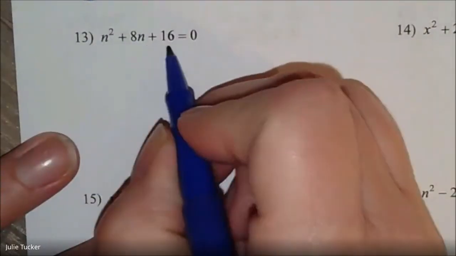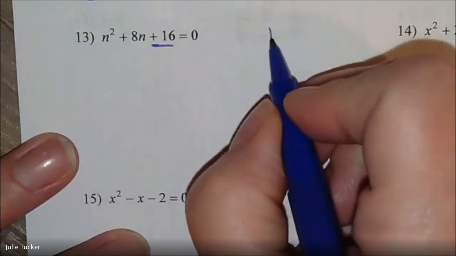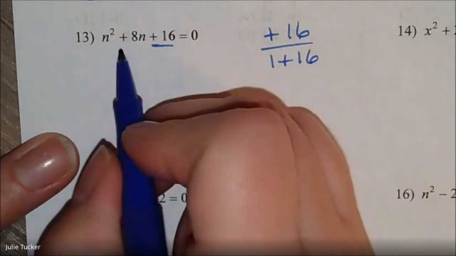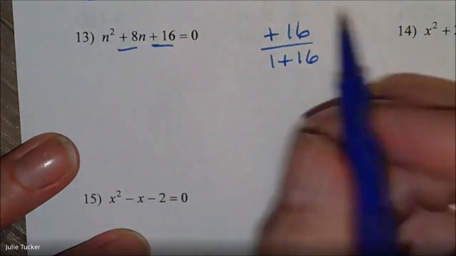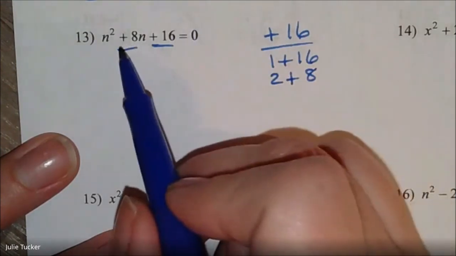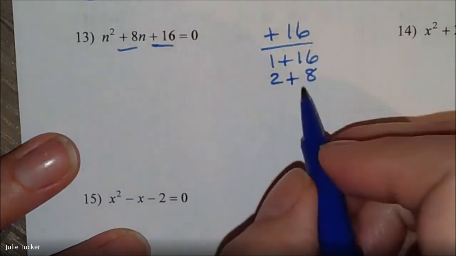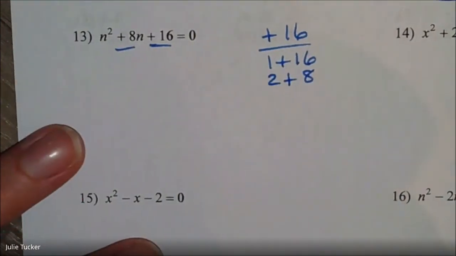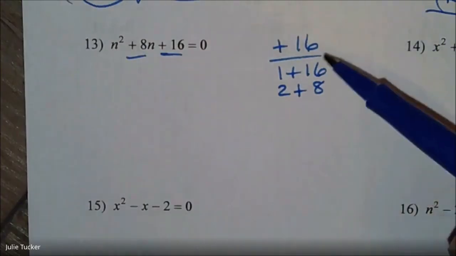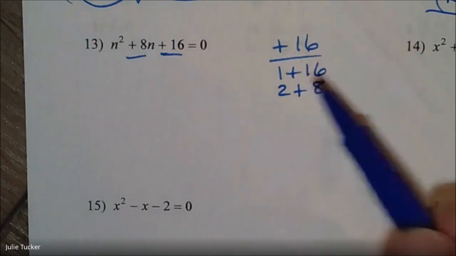So this one is +16. 1 and 16 is 17, but I want +8. 2 and 8 is 10, and I want 8. What else multiplies to give you 16 besides 2 and 8? Well, 16 does not divide by 3, but it does divide by 4.